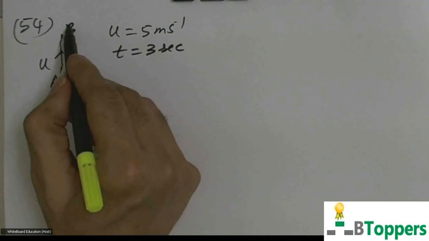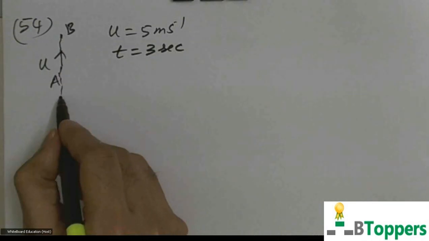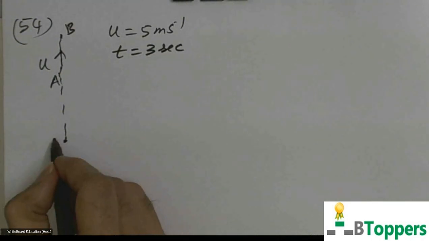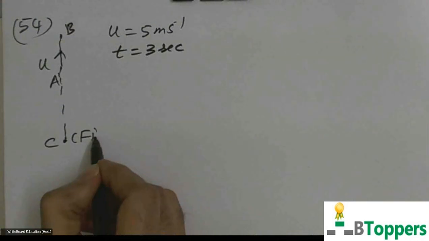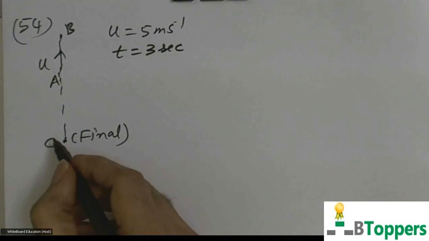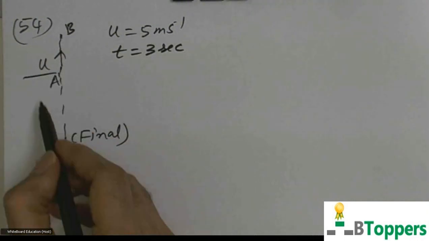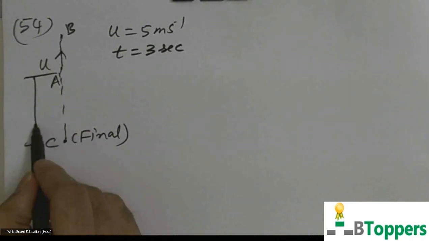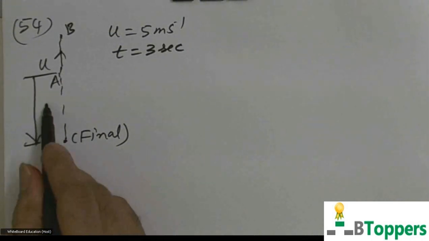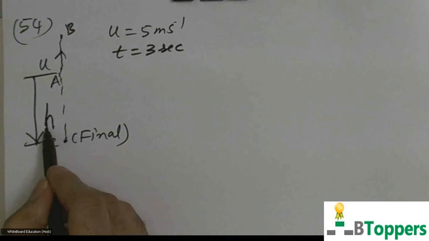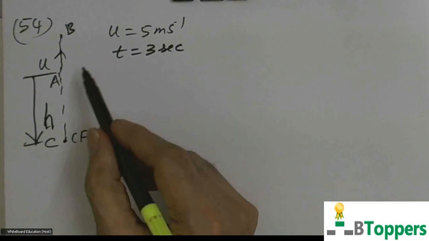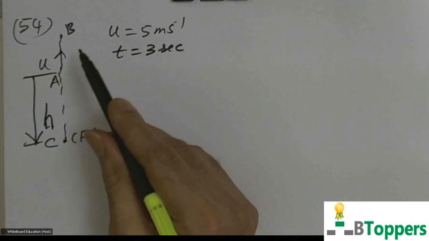Let B be the highest point at which velocity becomes 0. Let C be the final position of the stone just before it strikes the water surface. And let H be the depth of water below the top of the well, which you have to find.